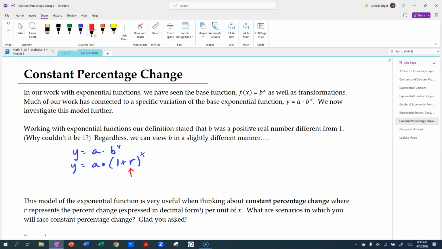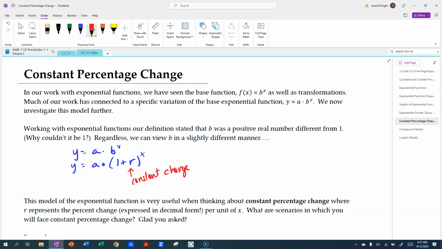I'm going to say it's a constant change. And we know that the characteristic of exponential functions is a constant proportional change. You're always multiplying by the same number all the way throughout, right?